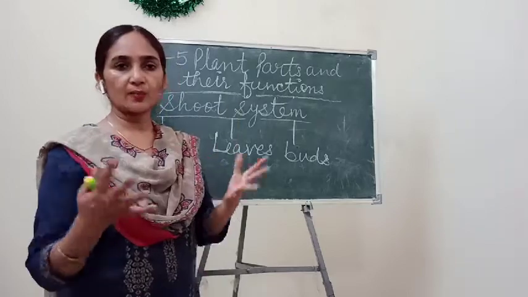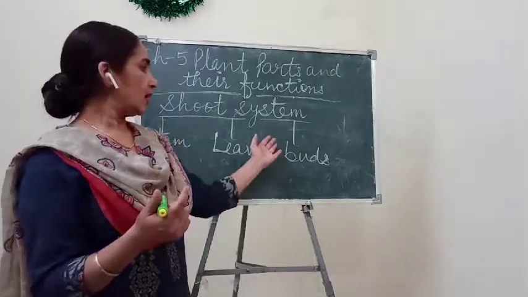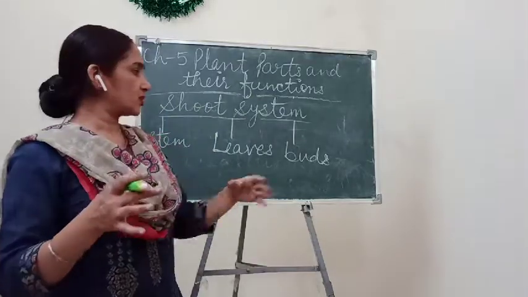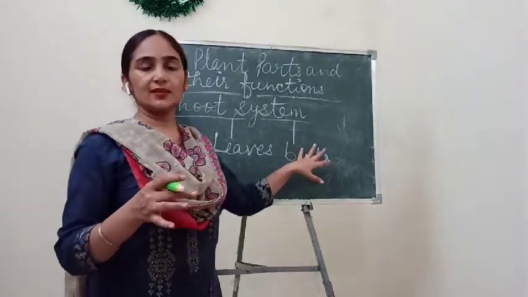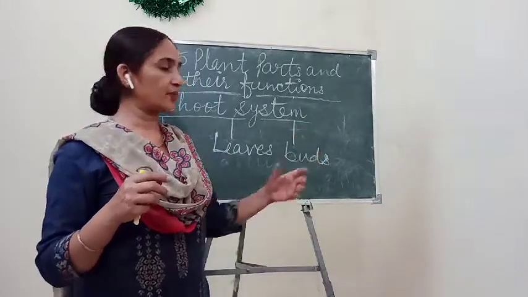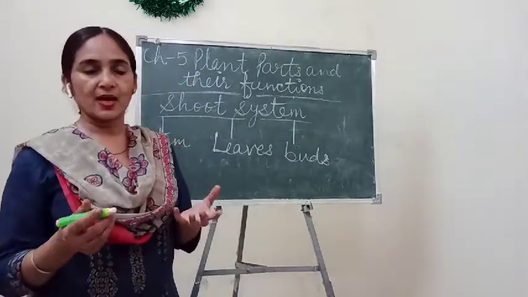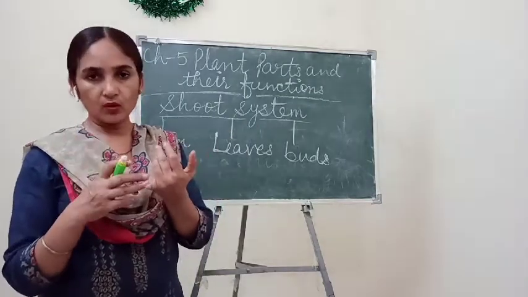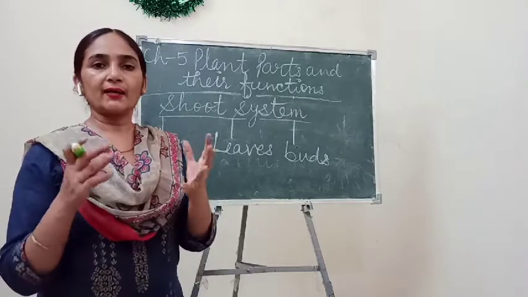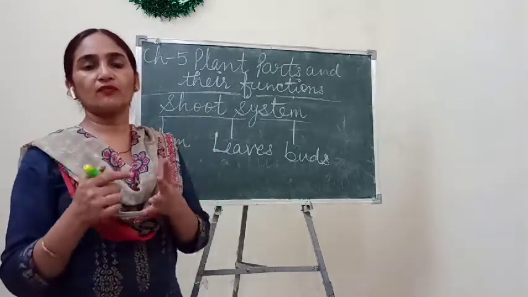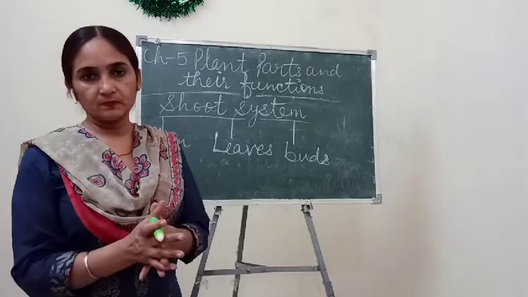And when the flower blooms, you know that buds have this kind of function, because when they are still young or green in color, at that time they perform the function of photosynthesis, and when they grow up, I am talking about the floral bud, at that time the floral bud performs the function of reproduction.